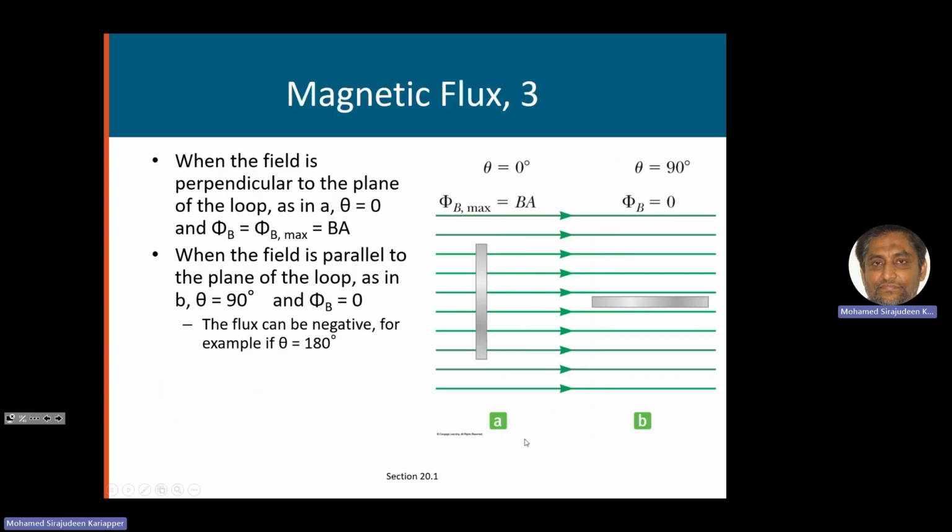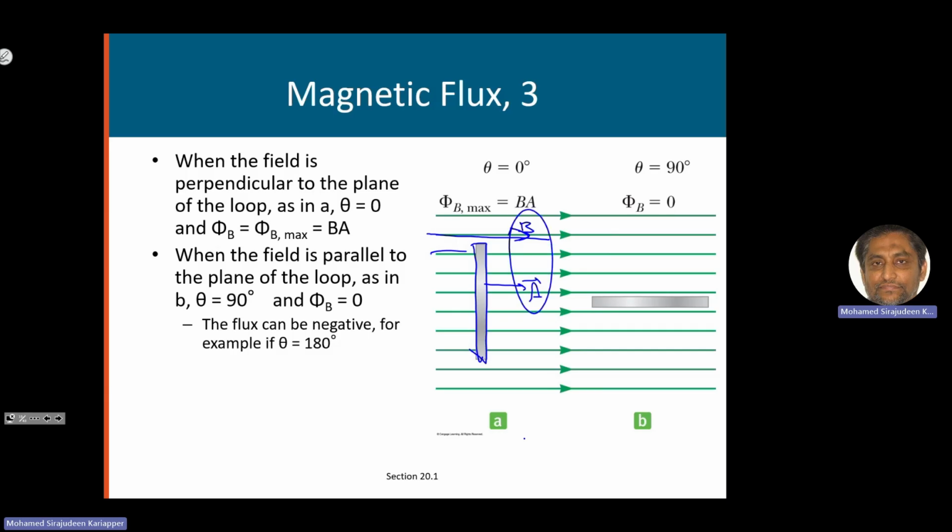So here again taking you through the magnetic flux. Here we have the ring placed with the area of the ring perpendicular to the plane, and this is the magnetic field. What is the angle between B and A?